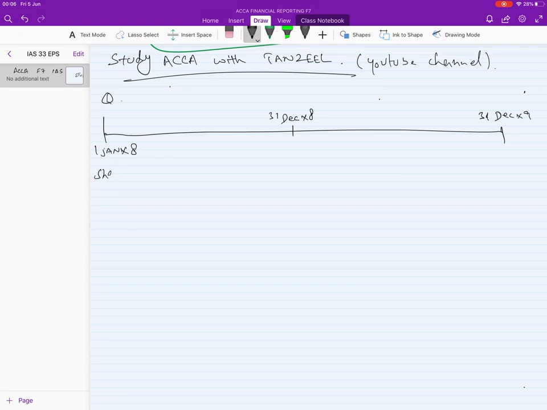On the very first day, the company had, suppose, 20,000 shares. In the middle of the year, suppose on 1st August X8, the company issued at full market price. They issued 5,000 shares.